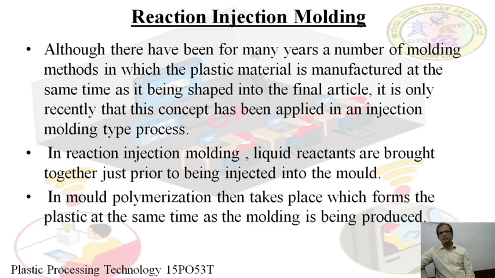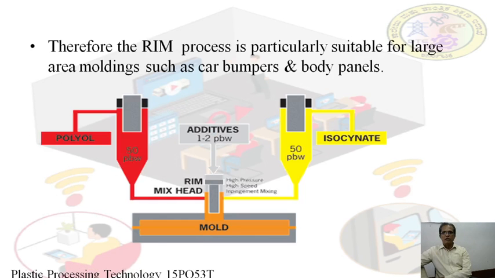Now let us discuss what a reaction injection molding process is. Reaction injection molding is an advanced type of process in which we can produce the product by reacting the raw materials in the mold.